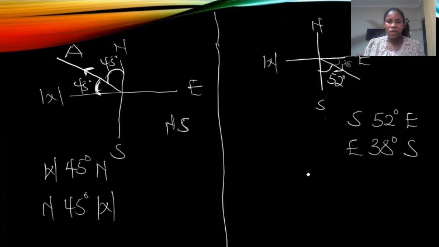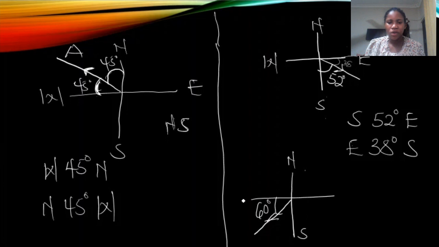Let's also take another one. Assuming here was 60 degrees. We have our north, our south, our west and east.